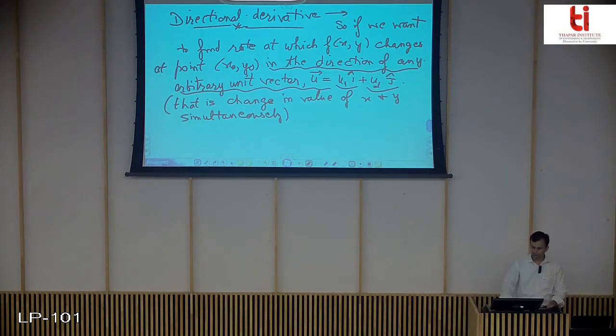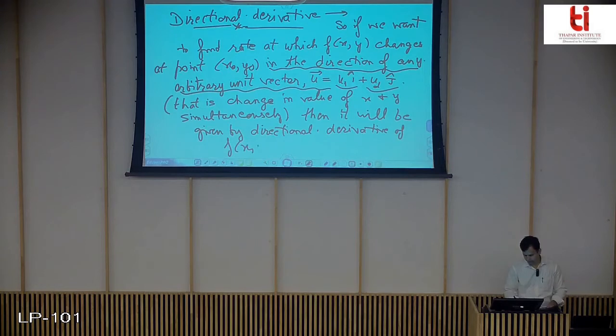So if we want to find the rate at which f(x, y) changes at point (x0, y0) in the direction of any unit vector u, then it will be given by the directional derivative of f(x, y) at point (x0, y0) here.